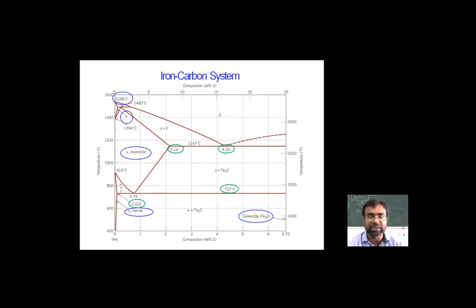As you can see in this particular figure, the combinations show the alpha ferrite, gamma ferrite, and the delta ferrite. These are all constituents of the iron carbon system.